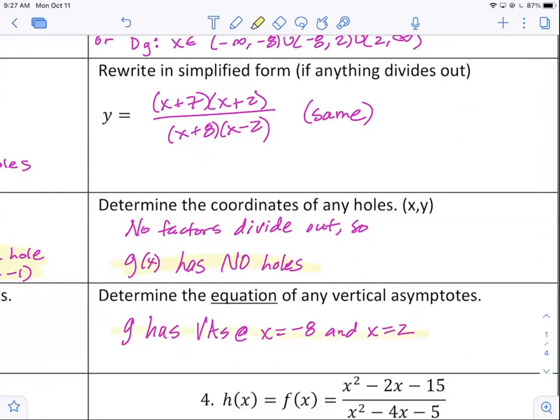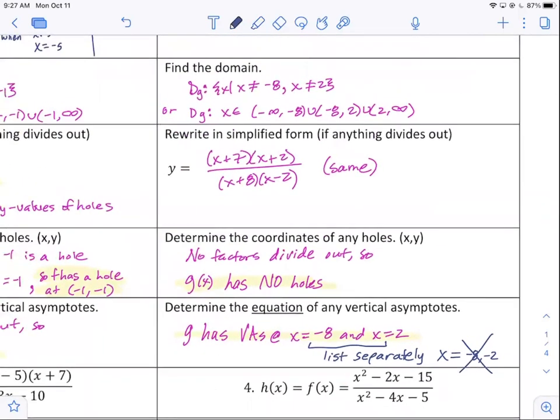G has VAs at, and now you do want to list these separately. Don't say at x equals -8, comma -2, because you're not listing x values, you're writing equations of lines. You could do that though in the domain. I'm fine with that.